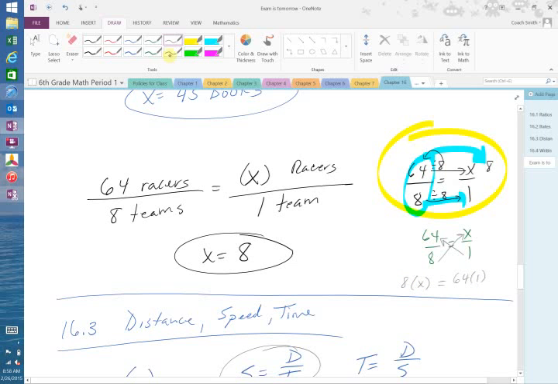And then to solve it, you would divide by 8. That's 64. Divide that by 8. And so basically you see we did the same thing here as we did down here. Okay, and that's how proportions work. Good question.